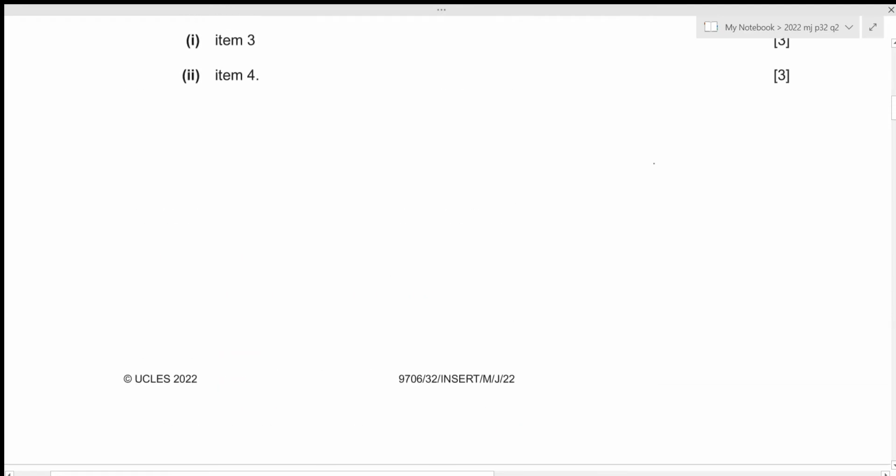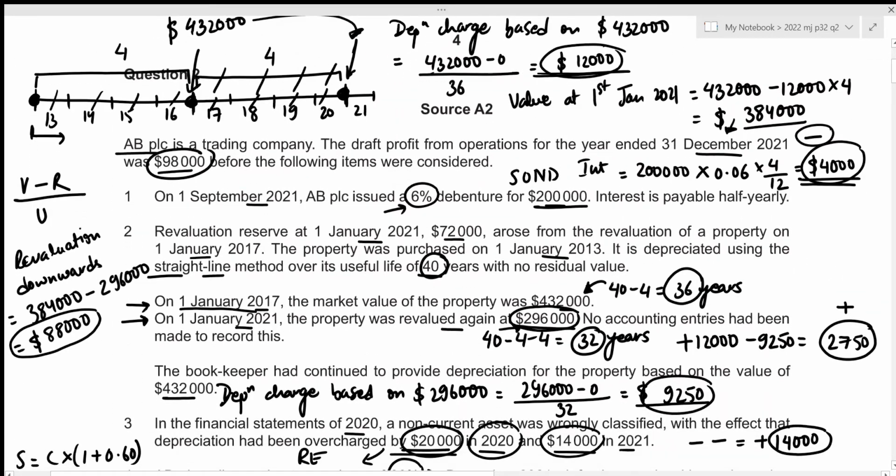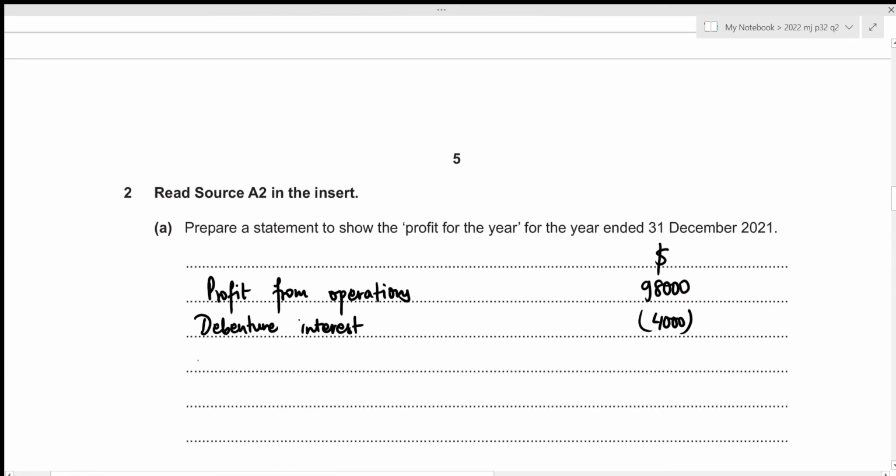Okay, then from the second information, we had some revaluation, and we know that we had charged incorrect depreciation. And in order to rectify this error, we just need to add this amount of 2,750. So let's do that. This is of depreciation on property which was overcharged. That's 2,750.